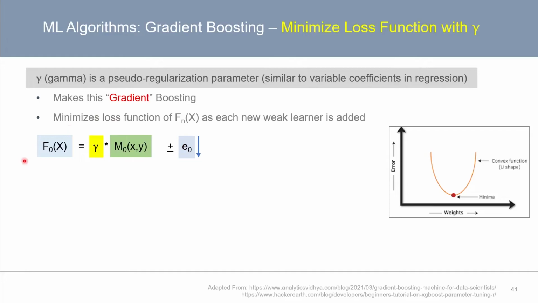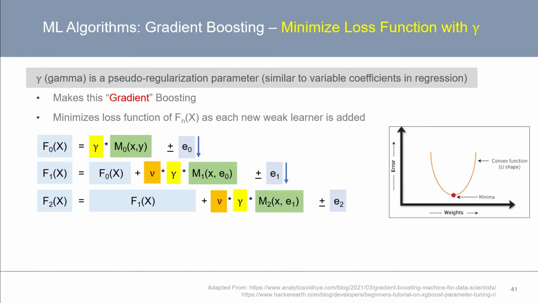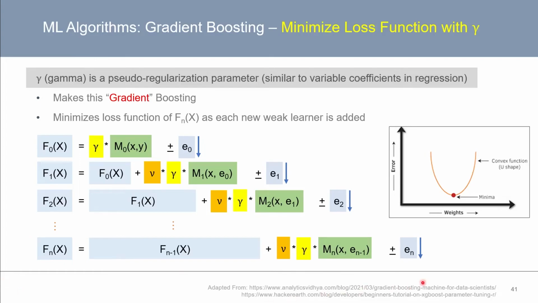So in this first equation, we weight our initial weak model by the gamma that minimizes our error. Then when adding our next weak learner, we multiply it both by our learning rate as well as the gamma that minimizes the error of f sub 1. And this continues, again adding a gamma that minimizes the error for f sub 2 until the end of our gradient boosting model training, where we select a final gamma that minimizes the error of our final model.